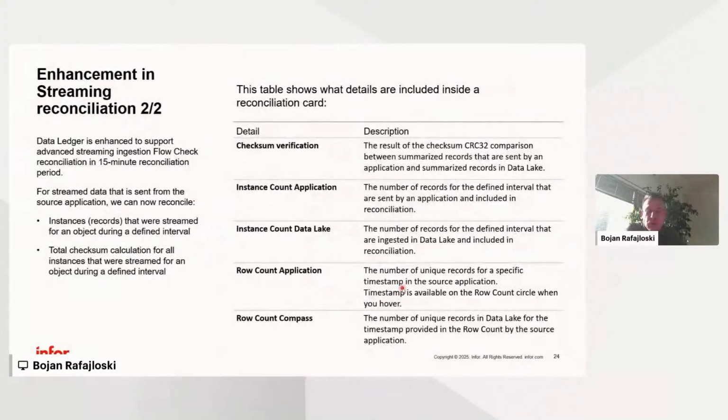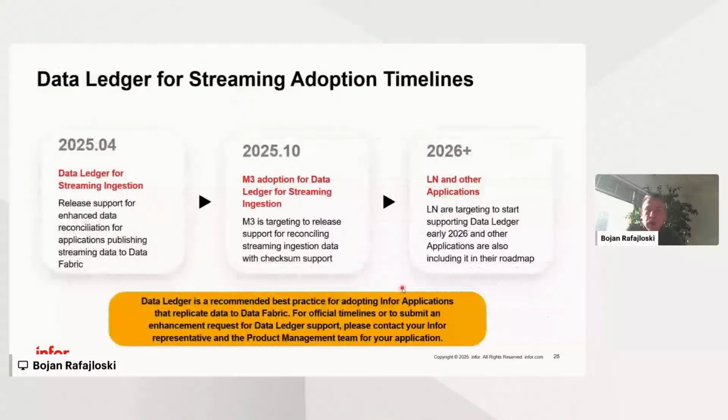You will also find information about this data ledger enhancement in the Infor education portal. So we have the release training materials for every new feature, including this. What's important to understand is that both the data ingestion services and the data ledger are adoption topics for the Infor applications. Even though Infor is just one for our customers, internally there is a certain roadmap for each of the applications.